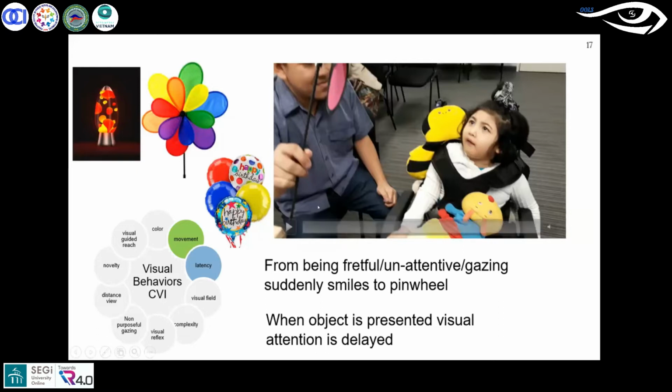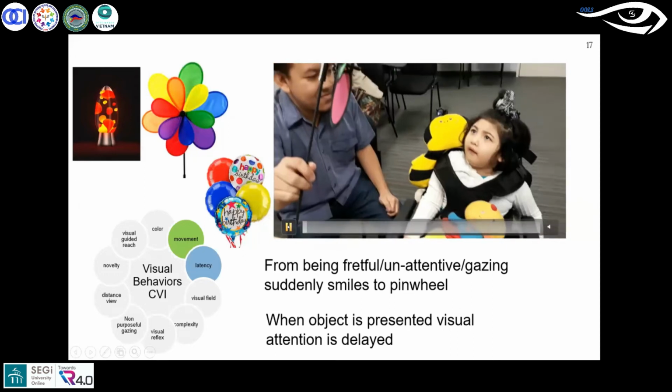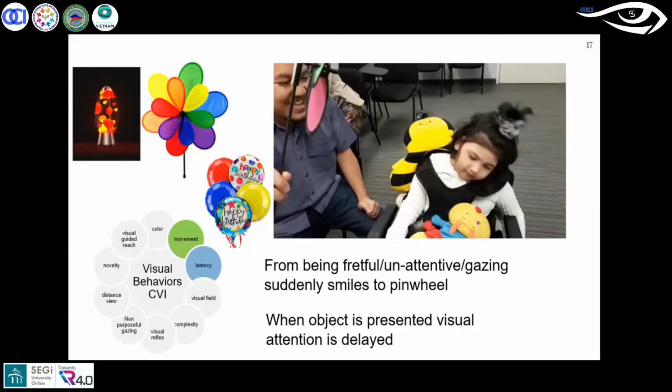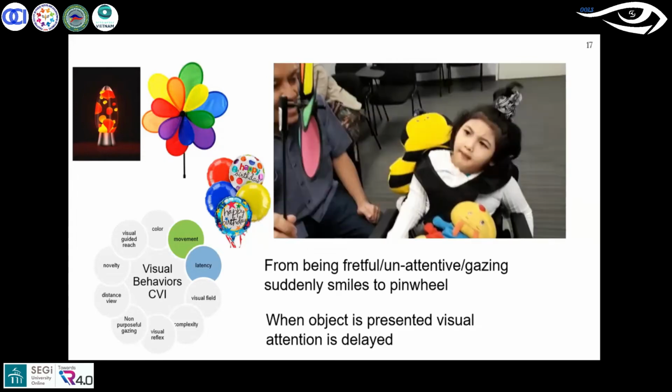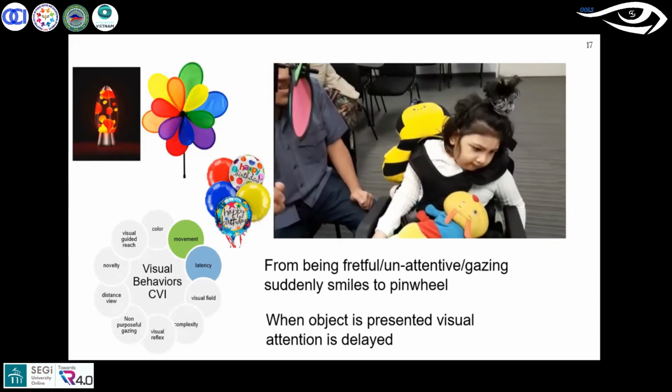So let's see this picture or video of our child. We actually got all the consent from the child that I present in this slide. So with this video, you could see that she is more responsive when the father is moving the pinwheel.